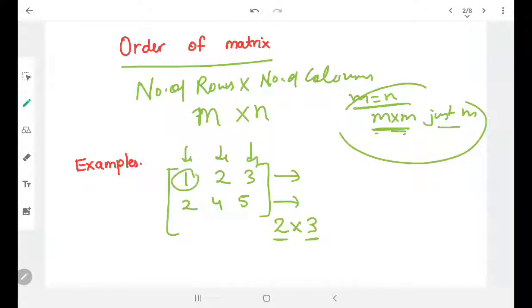The first element is in the first row and first column, so a11. The second element in the same row, so row is the same, it is 1, but second column, so a12. Then the third element in the same row, so a13.